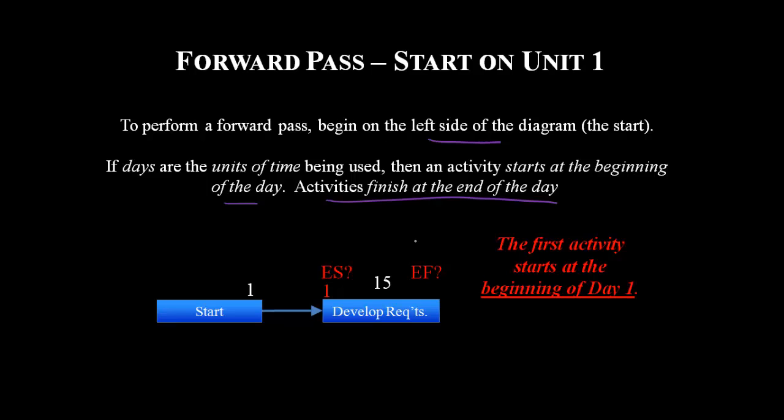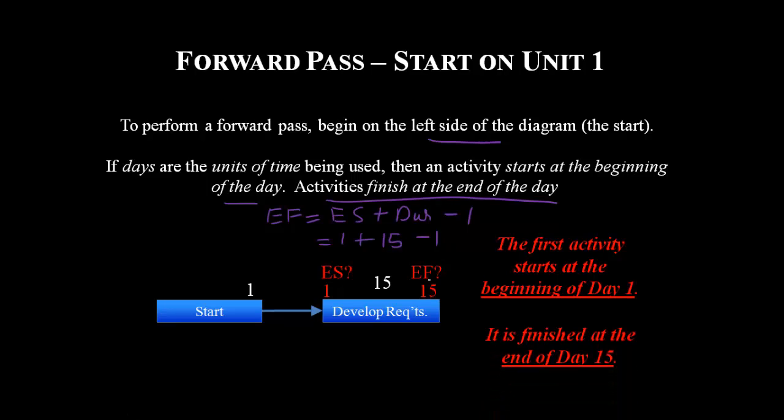To calculate the early finish, we have a formula: early finish is early start plus duration minus 1. In this case, early start is 1, duration is 15, so 1 plus 15 minus 1 is 15. So early finish would be 15. It starts at the beginning of day 1 and completes at the end of day 15.